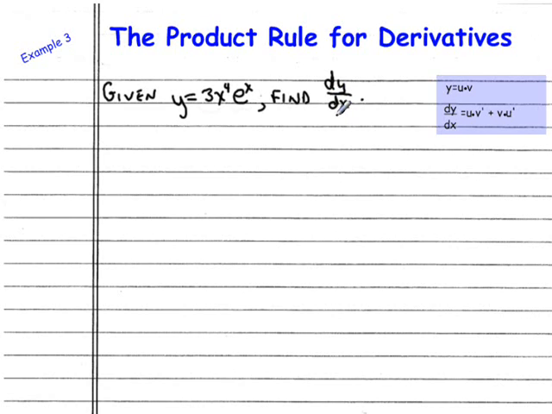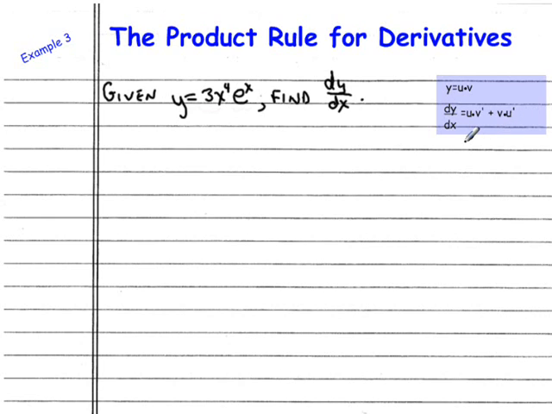Now, I've rewritten our product rule over here on the right in terms of y's. We didn't have that written originally. We had just the derivative of a product. But a lot of times this is what we'll see, and we understand that this is the way that we ask for the derivative. And it's exactly the same formula that we had before.